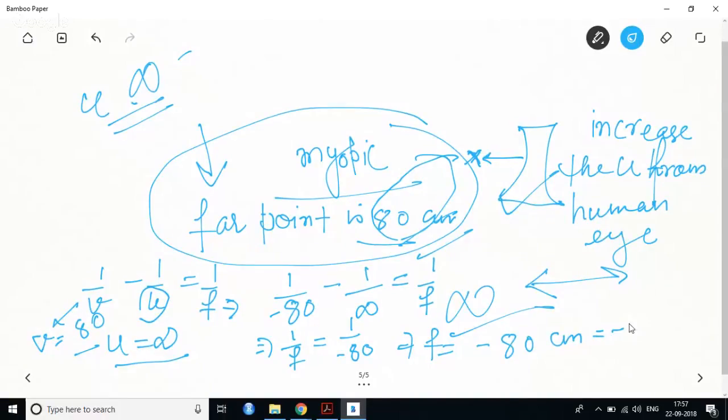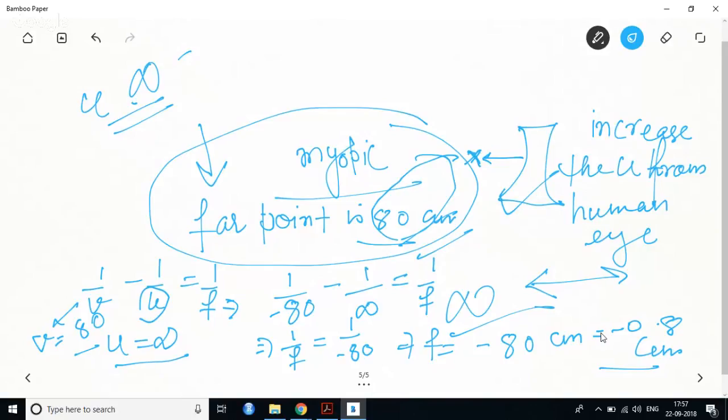So always remember, when far point has decreased from infinite to 80 centimeter, U would be infinite. For normal eye, V should be whatever far point has been given in the question. Now V should be kept as negative, because we are using concave lens.